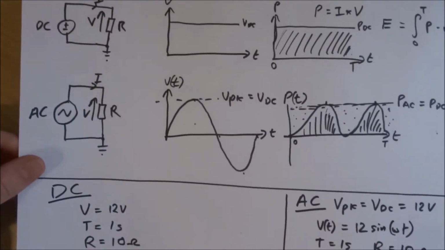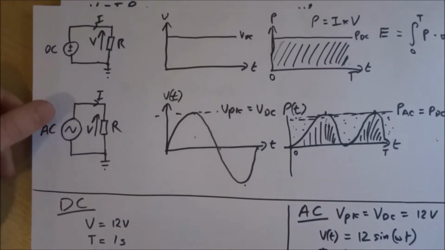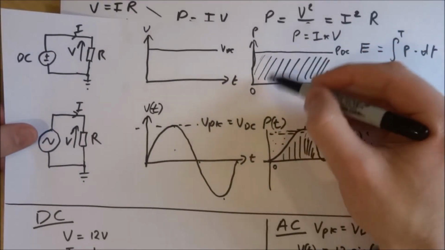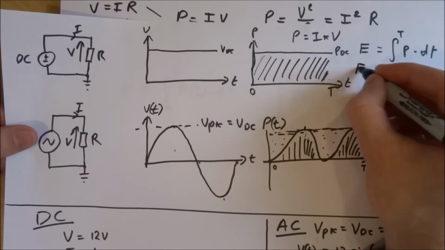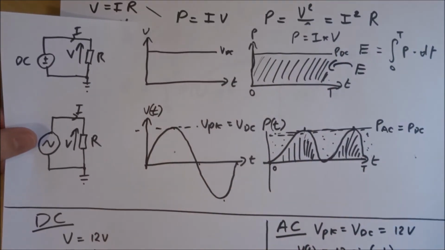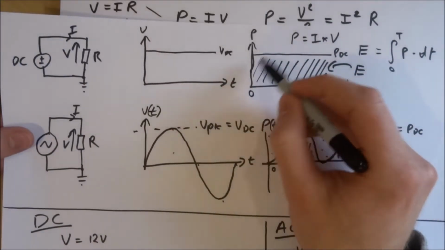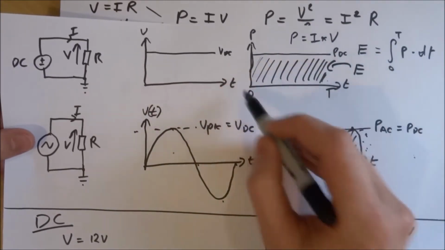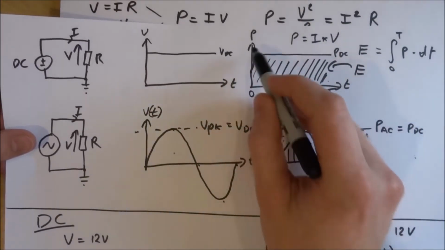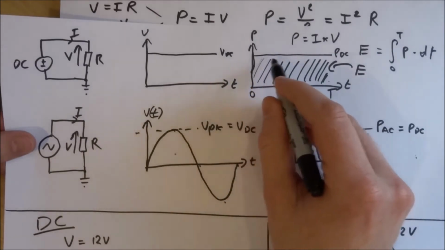If we remember back to our previous slide, to give the energy is this area contained inside here. What we've basically done is we've got a rectangle with a height and a width. The width is the time component and the height is the power component, but it is the average power component.